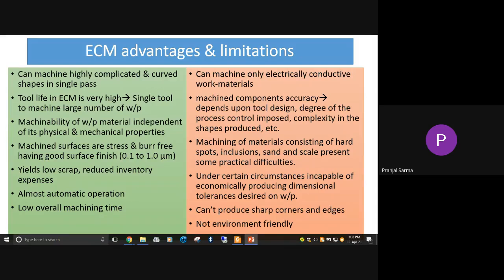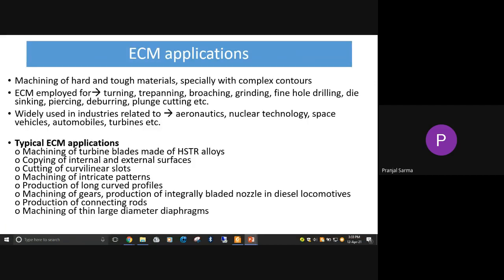And as we are using electrolyte, gas is generally evolved, so generally it's not that environment friendly. Generally, it's used for machining hard and tough materials with complex contours. We can even go for different varieties of ECM, like ECM turning, trepanning, grinding, etc. So different varieties of work can be performed by a modified version of ECM.